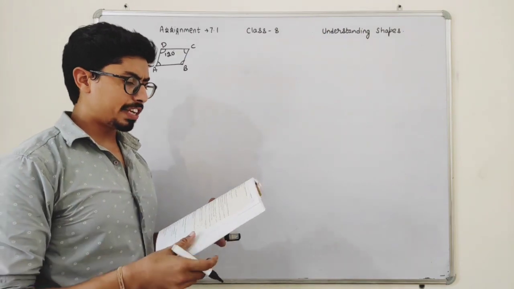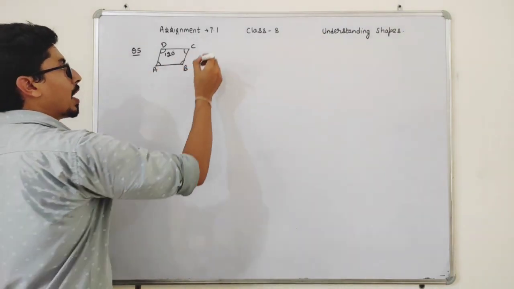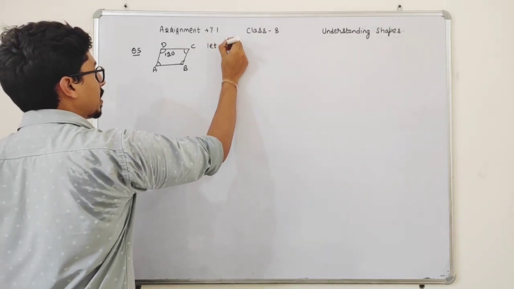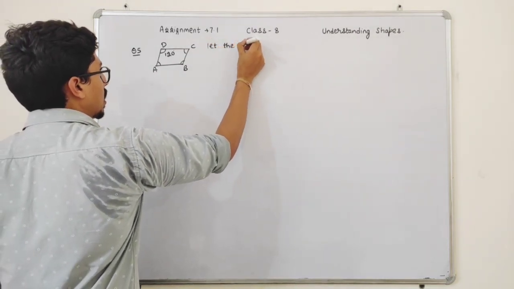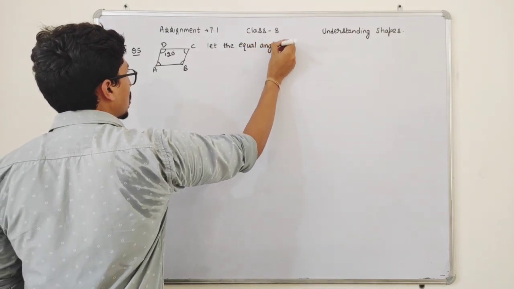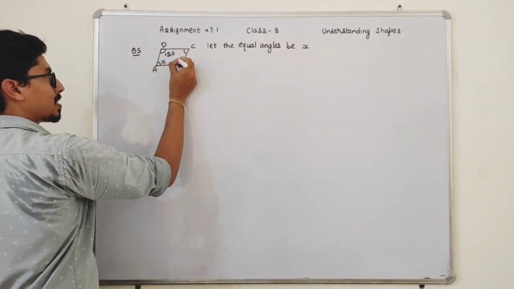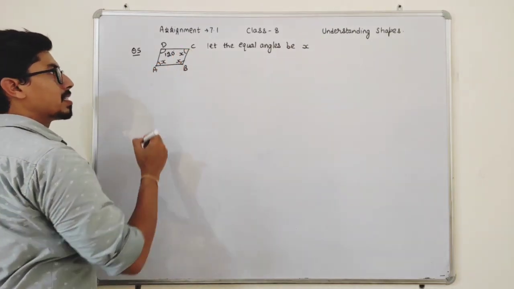What is the measure of each equal angle? I have to find the value of A, B and C. So let the equal angles be x. That means I name this angle as x, this as x and this as x.